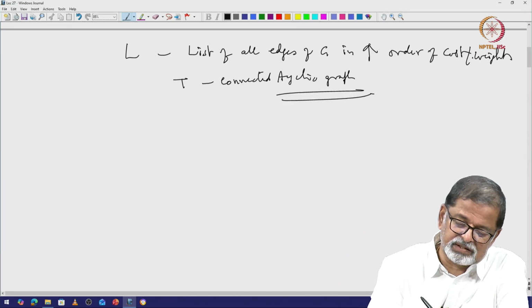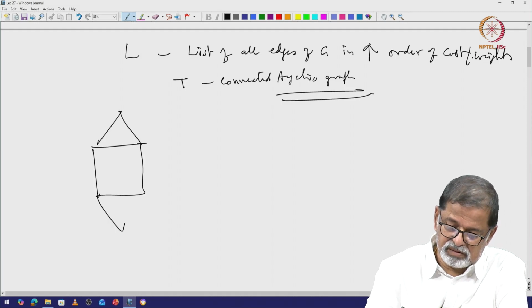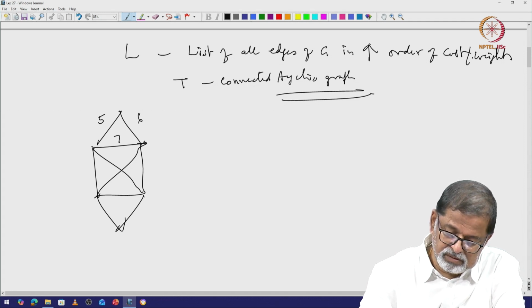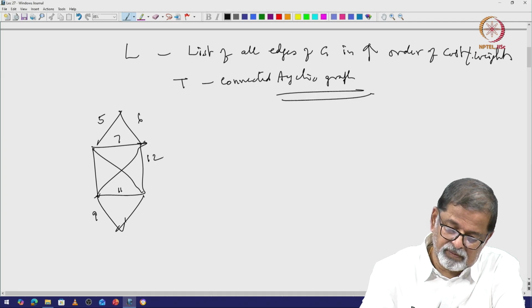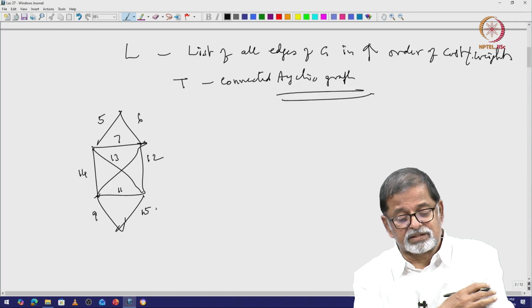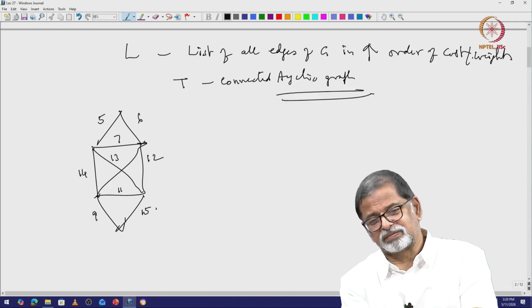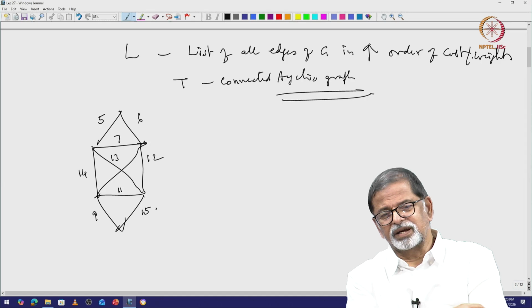So, let us say suppose these are the weights of the edges of the graph.